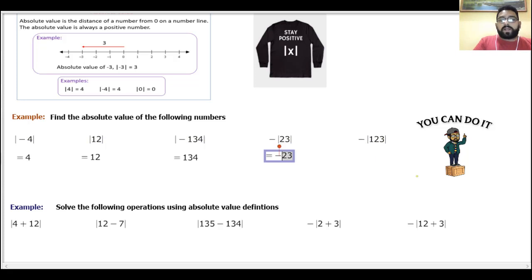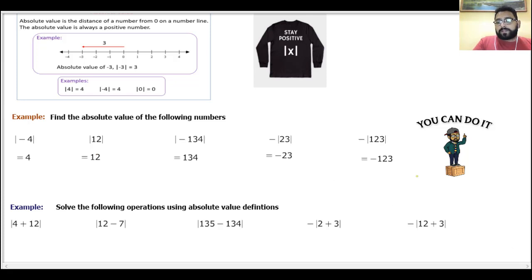First, we copy the negative sign, we put equals, negative sign, and then we apply the definition of the absolute value. So the absolute value of 123 is 123. So these are the answers for these absolute values.